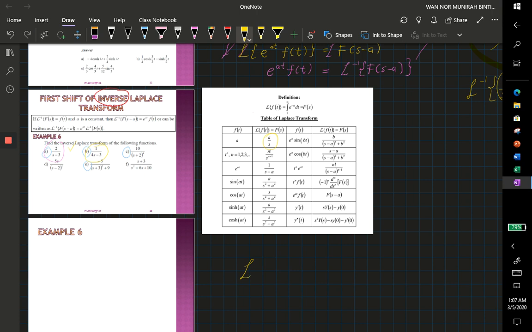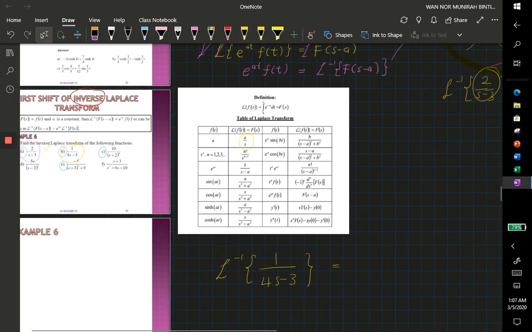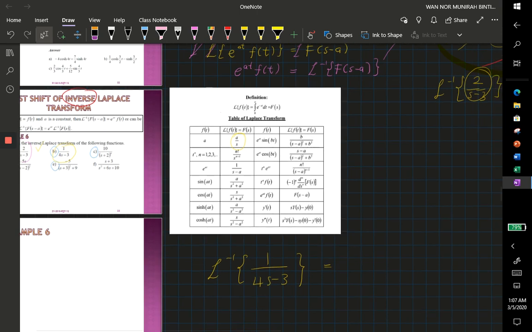Take the Laplace inverse of 1 over 4s minus 3. For this kind of question, you need to do a little modification. What you need to do is, this is actually s, and this s is replaced by s minus a.